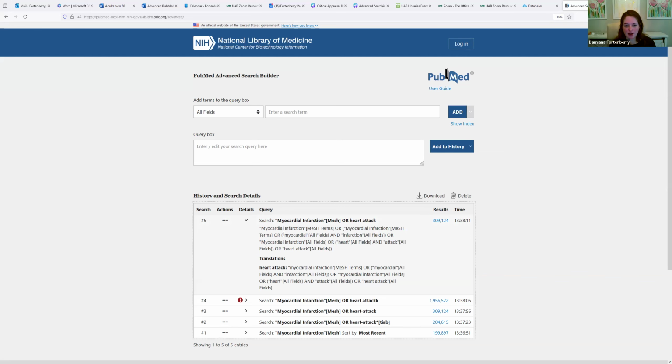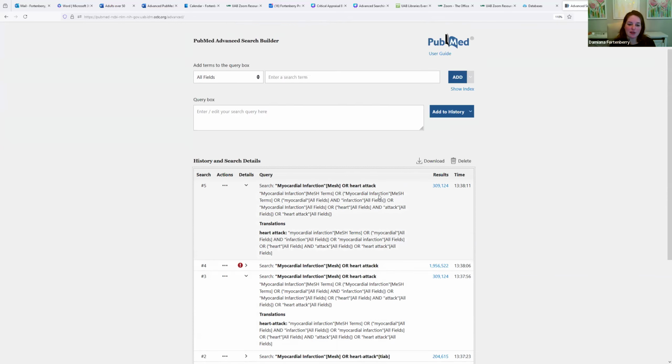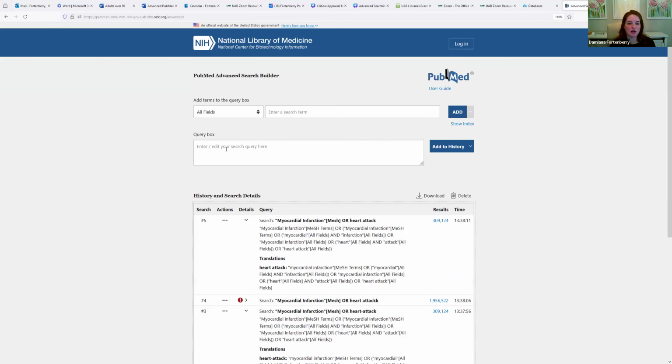That's great. It also looked for myocardial infarction in all fields. Fine, but heart attack, heart, all fields, attack, all fields, versus heart and attack. In this one, it connected them in all fields. And it also did that one. So anyway, it tries to take your, let's see, let's just trim it over.